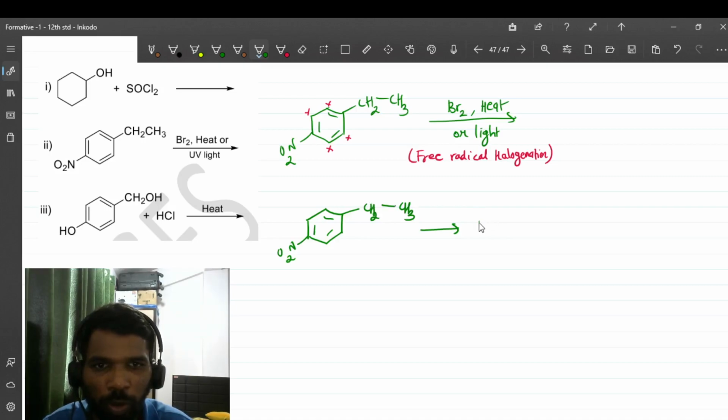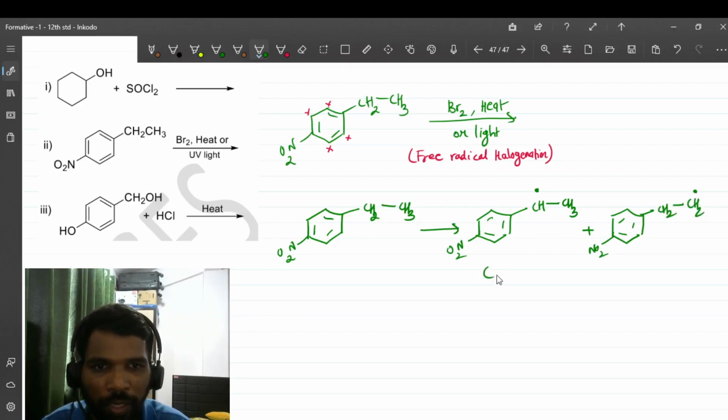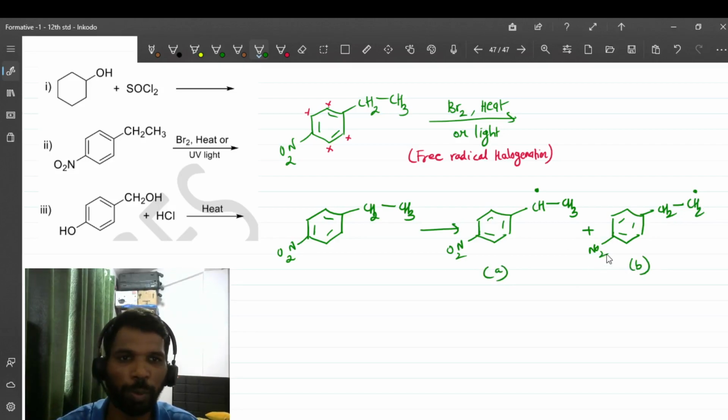So I'll write both the possibilities. CH free radical CH3. This is one possibility. And the other possibility is this, NO2 is there. I'm just writing one step of the free radical halogenation, right? I'll mark this as A and I'll mark this as B. Among this, which free radical will be more stable?